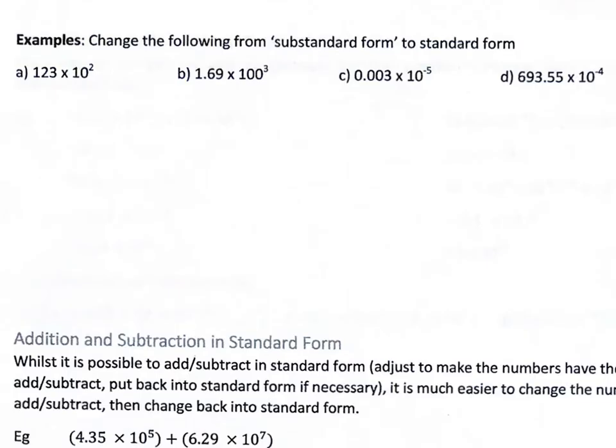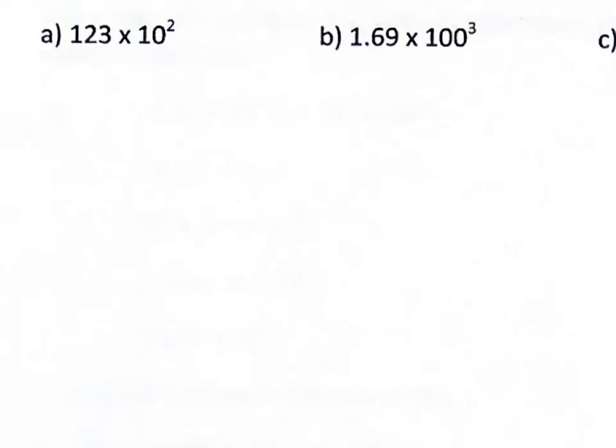In these examples, we're going to look at changing from substandard form to standard form. In the first example, it's 123 times 10 to the power of 2, and it's 123 that isn't between 1 and 10. We're multiplying by a power of 10, so it's 123 that we're going to have to change.